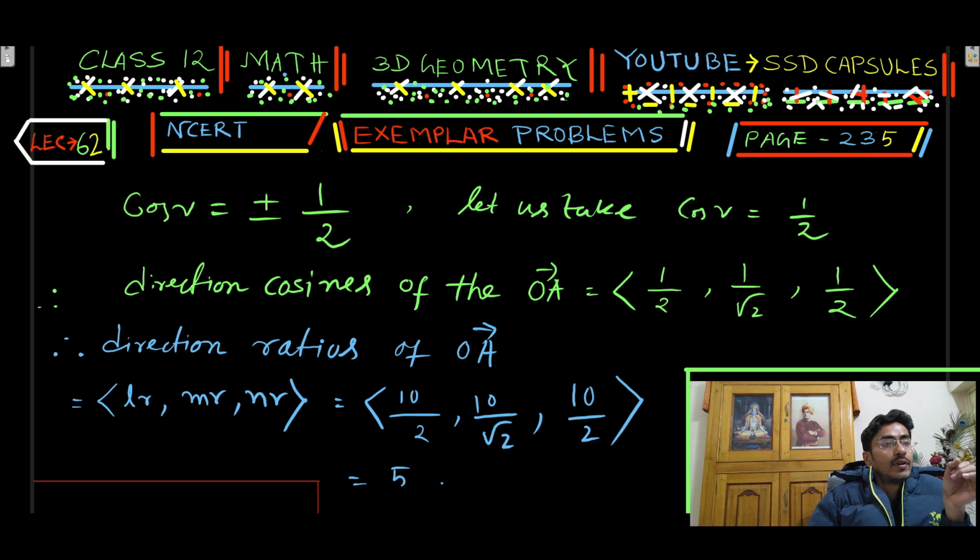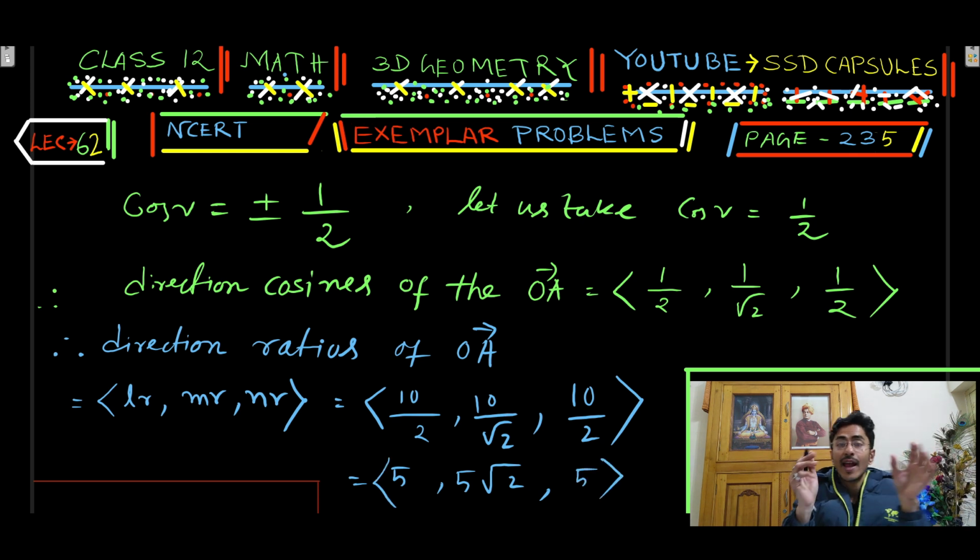So here 5, and if we multiply the numerator and denominator by root 2, 10 root 2 by 2, so 5 root 2, and here 5. So we have derived the direction ratios of that vector.